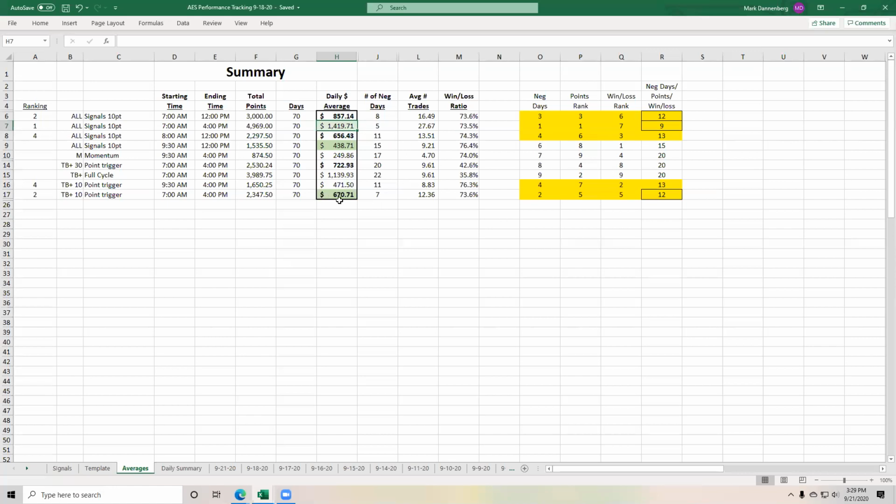So the idea here is to provide a solid core foundation of data for you. And if I look at every one of you as a business owner, you own a trading business.